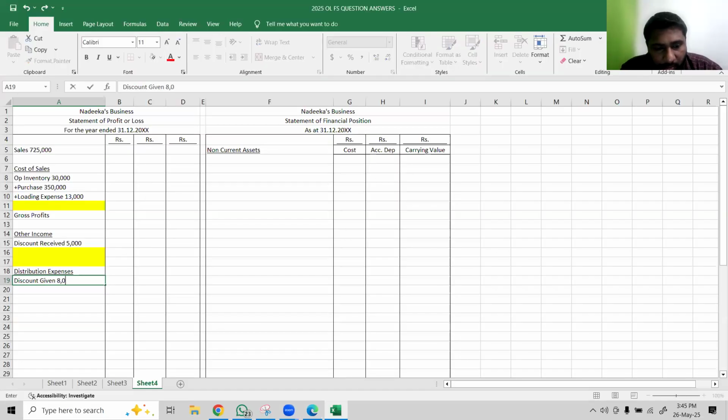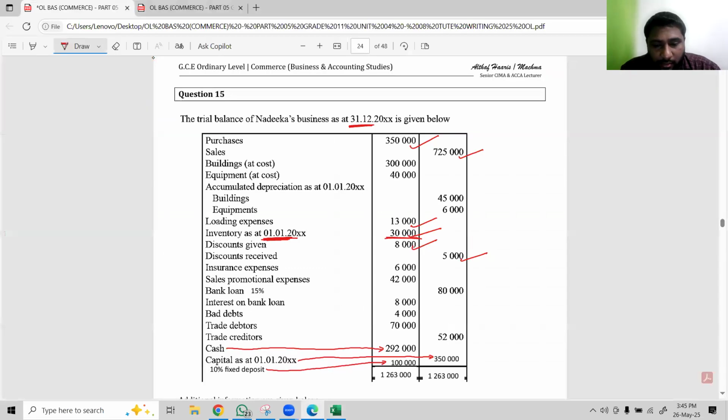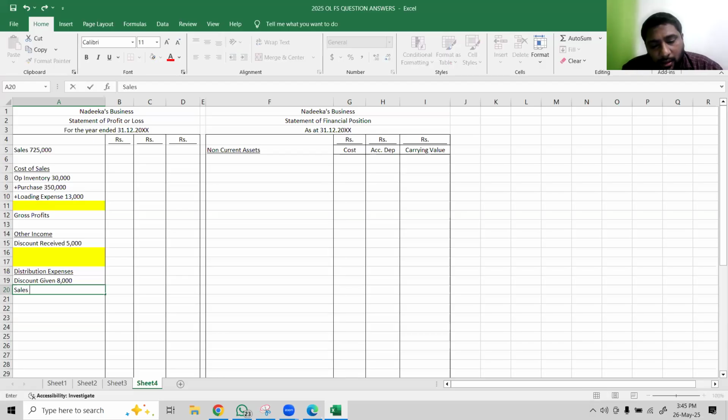Discount given 8,000. And we have sales promotion expenses, sales related expense also comes under the distribution expense, 42,000.